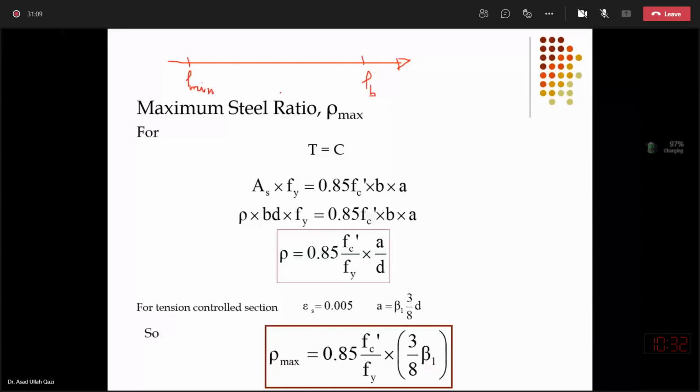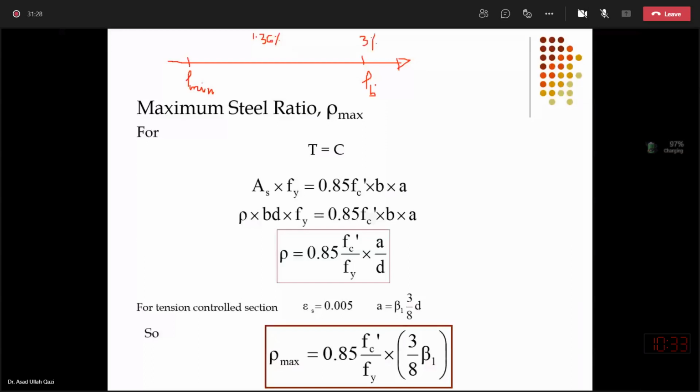In our example problem, we had a reinforcement ratio of 1.36%, while rho balanced was close to 3%. I recall 3.2% or something like this.